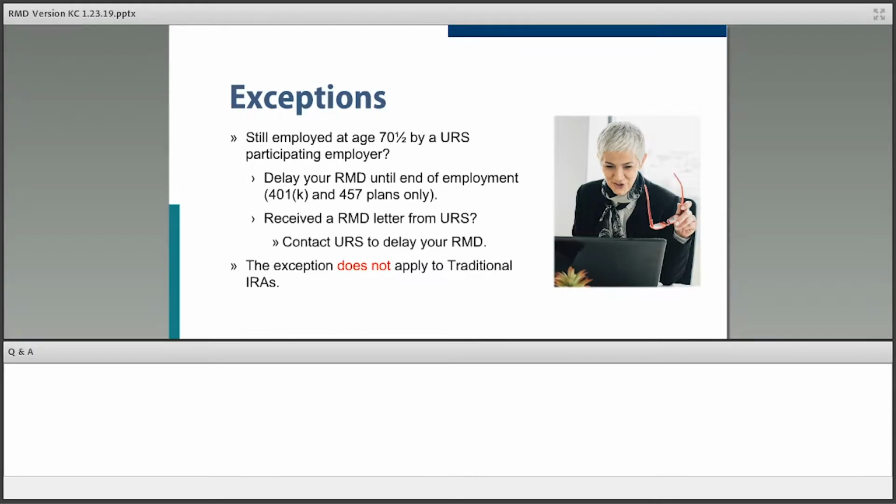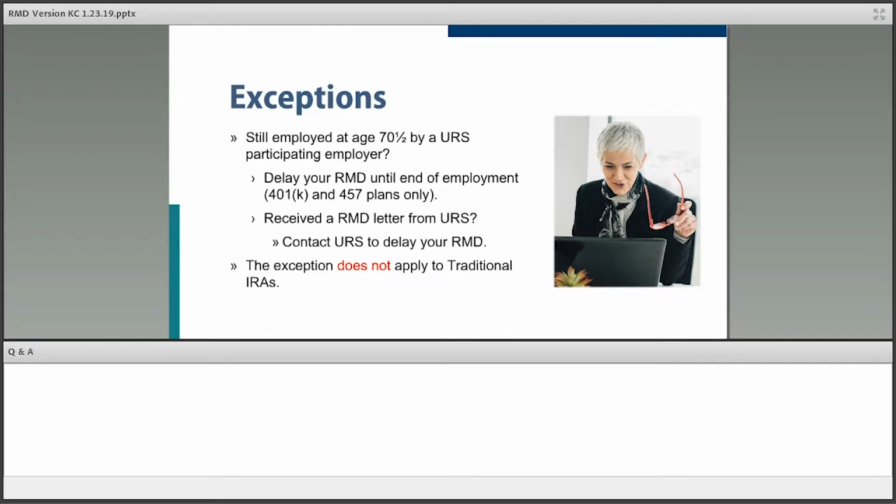Let's pretend that I'm teaching school for the Granite School District, an employer that belongs to the Utah Retirement Systems. And I've got a 401k and a 457 plan and a traditional IRA plan here with Utah Retirement Systems.